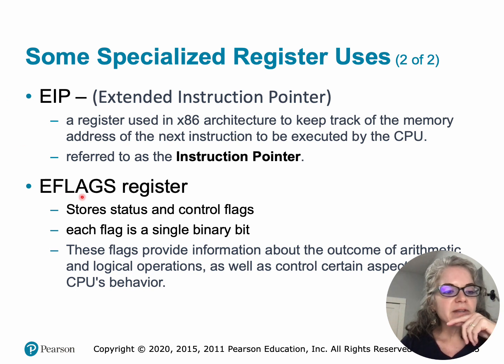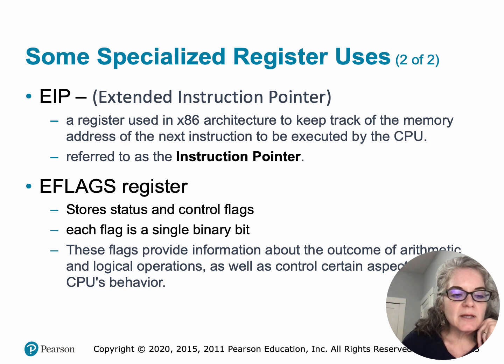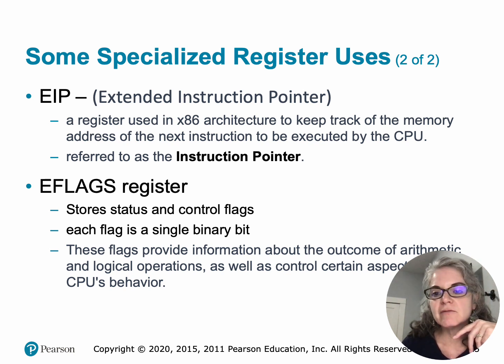We also have some flags. The EFLAGS register stores status and control flags. Each flag is a single binary bit, 1 or 0. These flags provide information about the outcome of arithmetic and logical operations, as well as control certain aspects of the CPU's behavior. We'll look at the flags in the next slide.